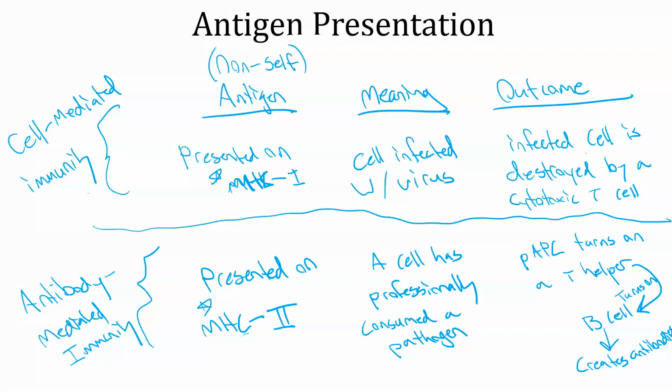Well, that means that it's on a professional antigen presenting cell that has professionally digested and absorbed it, so don't kill that cell. Rather, let's turn on a more robust immune response. So a T helper cell would likely get activated by that antigen presenting cell, and then later a B cell would become activated, and then it would start creating antibodies. Antibodies are a very strong immune response.